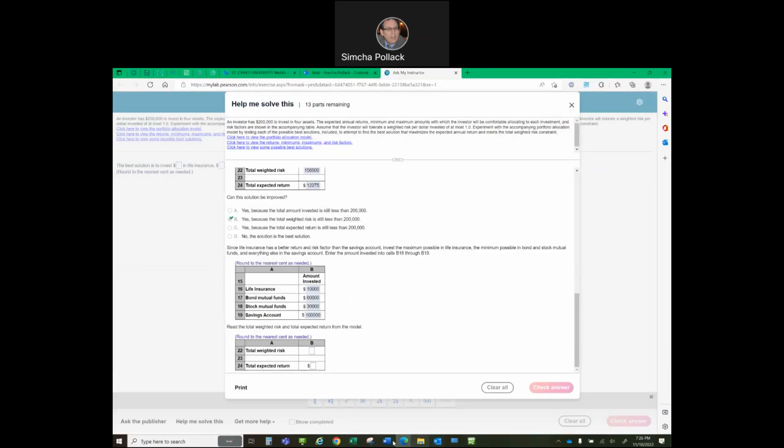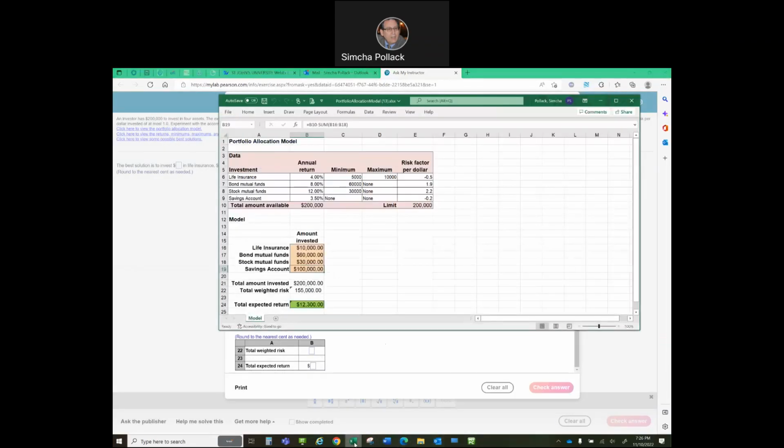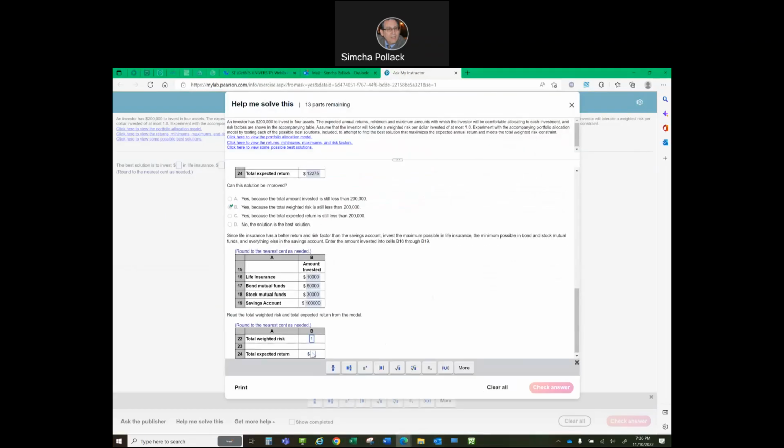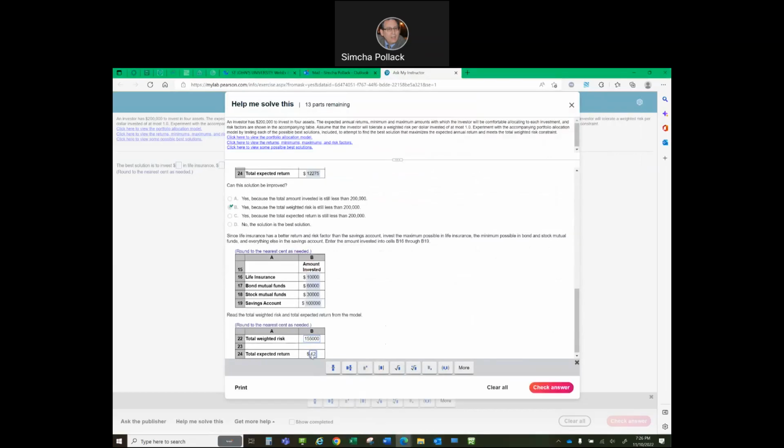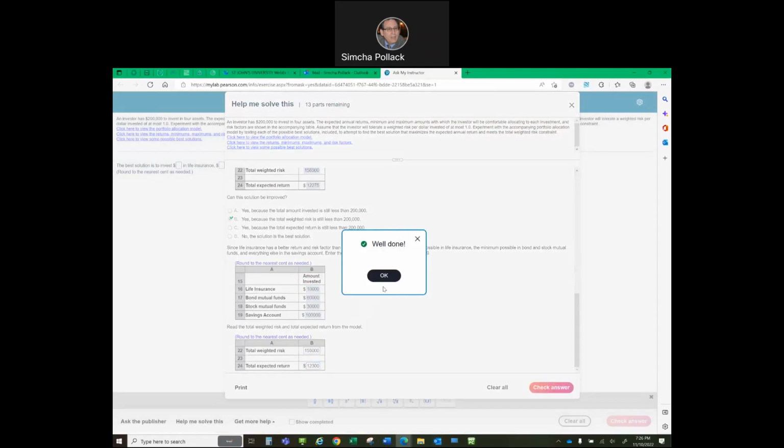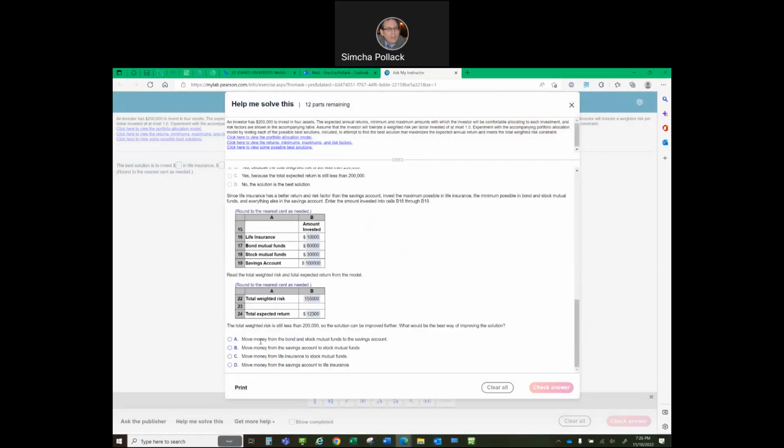So far we're up to total weighted risk of 155, and the return on this combination of investments, 12,300. Check answer. So far so good. The weighted risk is still less than 200,000.